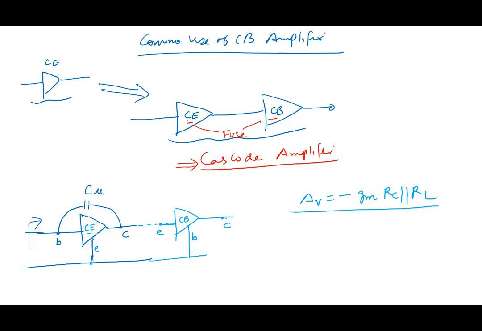Now, if I look at this common emitter stage, what is this load? The load of the common emitter stage is the Rn of the common base stage. So RL of common emitter is actually Rn of common base, which is equal to what? We said it is equal to R pi by beta.